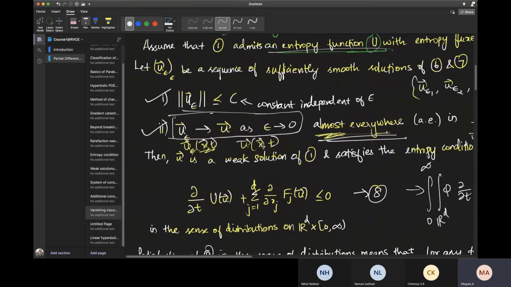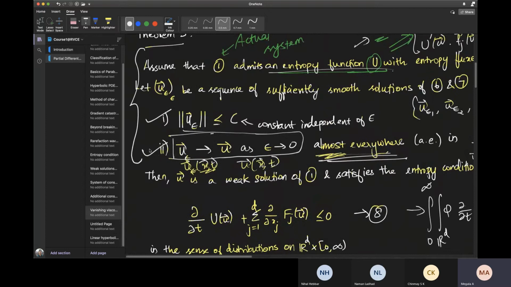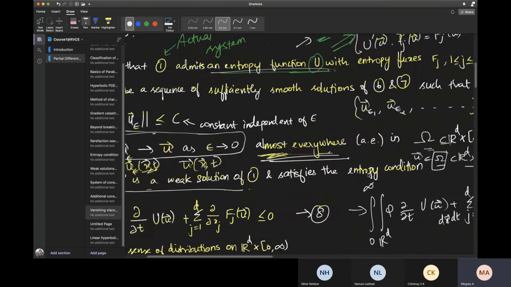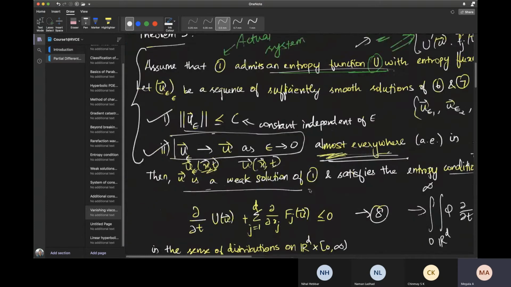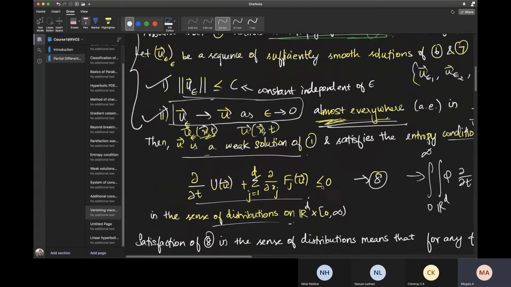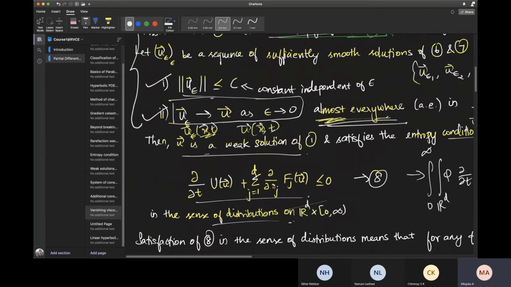So if we have all these assumptions, then u vector is a weak solution to 1, and also u vector satisfies the entropy condition, which is this. Here again, in the sense of distributions, this is a PDE, an inequality, a partial differential inequality.